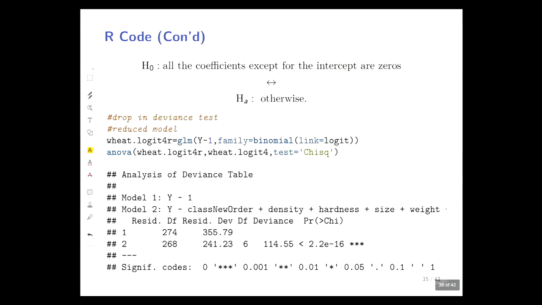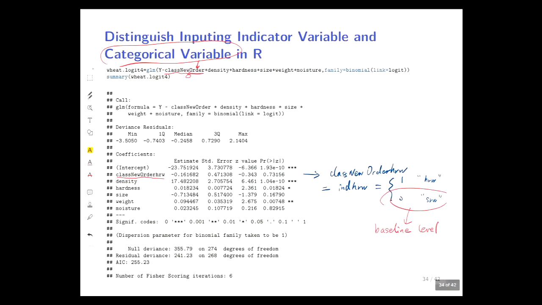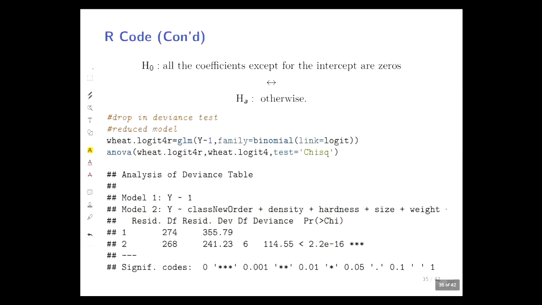Okay, now let's look at the other output from the summary output. So let's firstly look at this testing of overall significance. In this case, we are testing whether all the coefficients except for the intercept are zero.